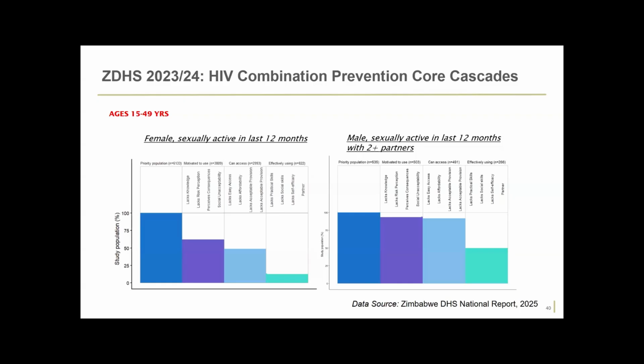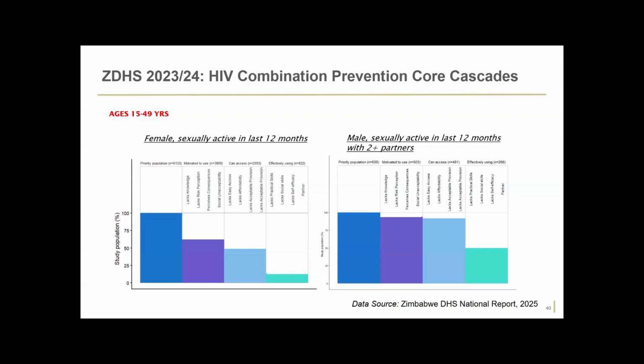And as we move along the bars in terms of access and motivation, you can see that for females, those that effectively use are very low compared to their male counterparts on the right-hand side, maybe because males, due to having 2 or more sexual partners, are effectively using a particular prevention method, which in this case could be condoms, whatever the case may be.